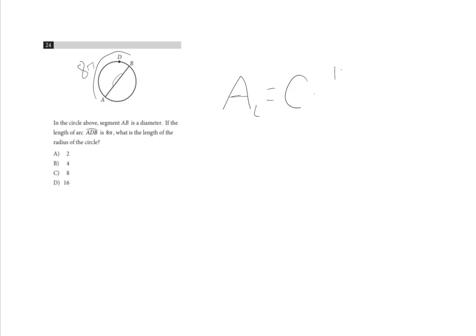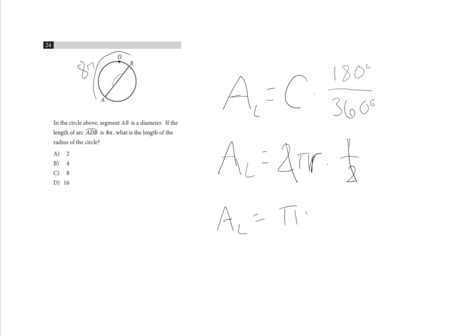We know this angle to be 180 degrees. And then of course, it is out of the whole circle, which is 360 degrees. So in other words, it's just our 2 pi r times 1/2. And the 2 and the 1/2 cancel. So our arc length here is really just pi r.